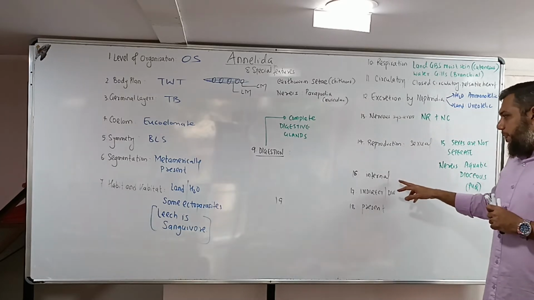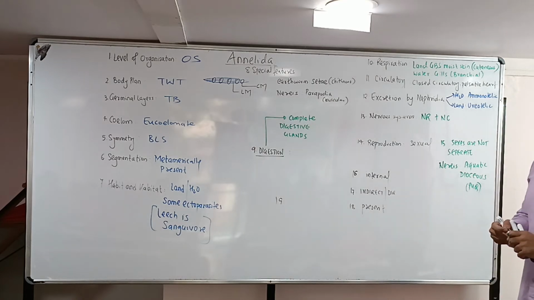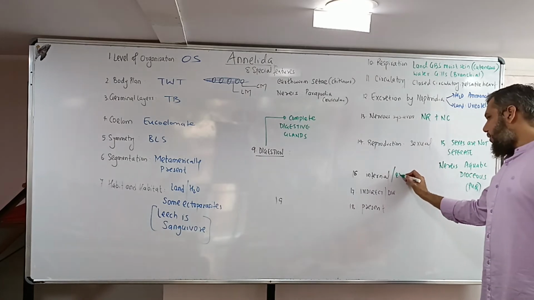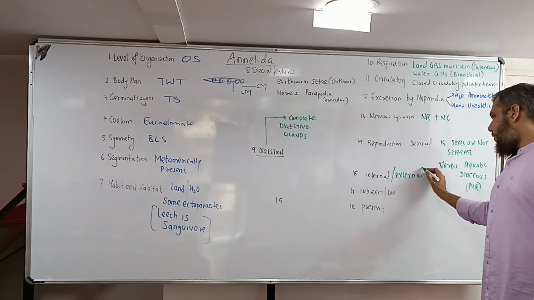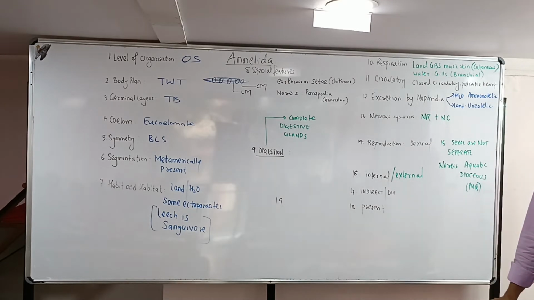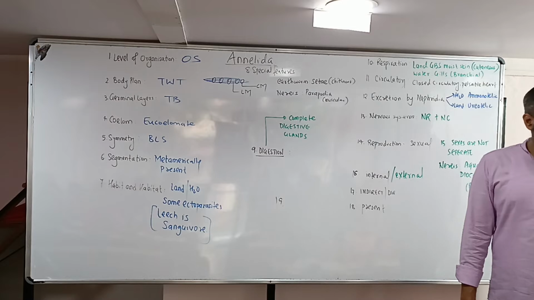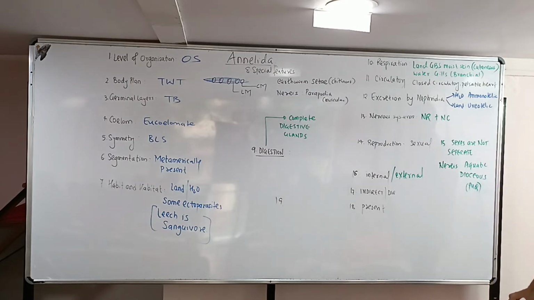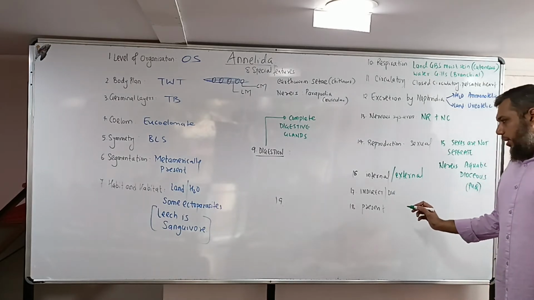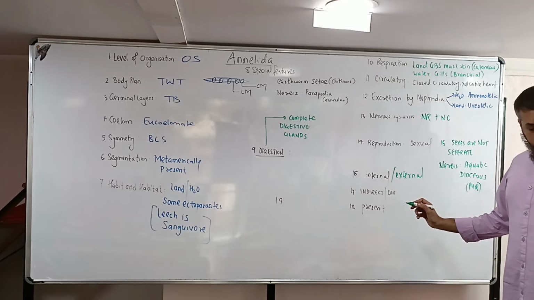Then fertilization is both internal as well as external. Like in the case of earthworm it is external, in the cocoon. You remember the cocoon I told you about. You have left studying earthworm altogether. I will put it in the exam. What about the development?